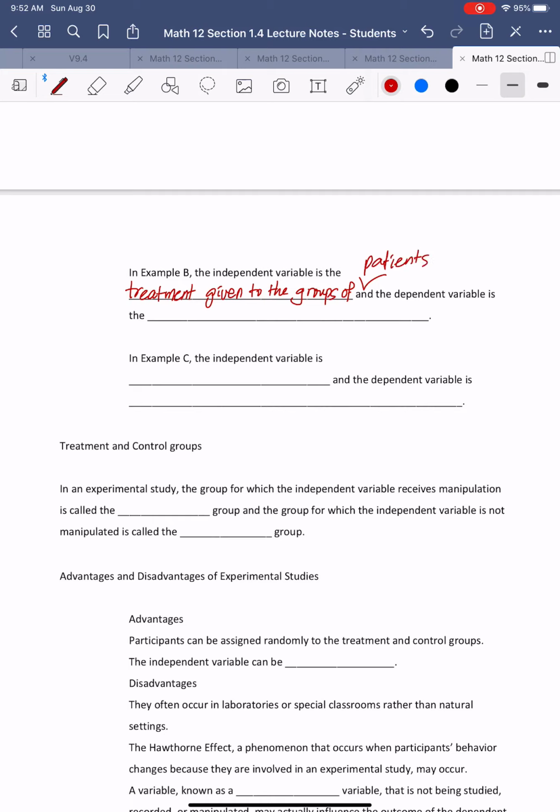And the dependent variable means whatever the response of the patients to the treatment, which is the medical result.